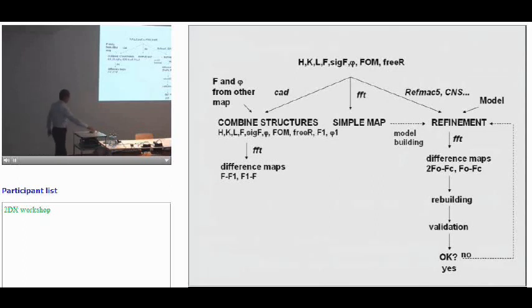As you can see here, the MTZ file now contains not only the HKL, the amplitudes and phases from the map up here, but also from this other map which comes from somewhere. And then having that, you can, using the FFT routine, calculate difference maps.